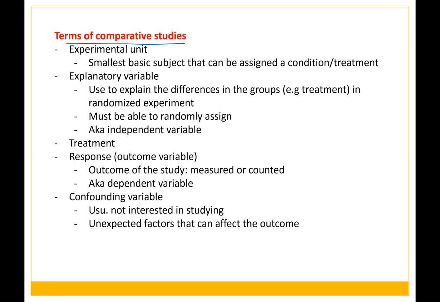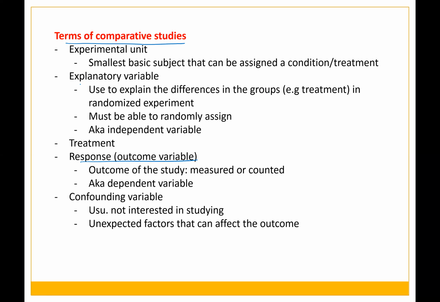Then we have the explanatory variable. Say you want to determine how exercise affects someone's weight. The explanatory variable here is going to be exercising, and the response or outcome variable is the weight of each person, depending on whether they exercise or not.